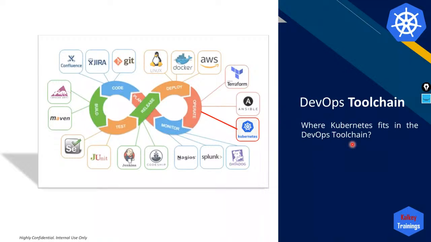So you are partitioning the main big application into several smaller applications which are self-sustained. These are loosely coupled, meaning they are not tightly coupled with the other parts of the software.